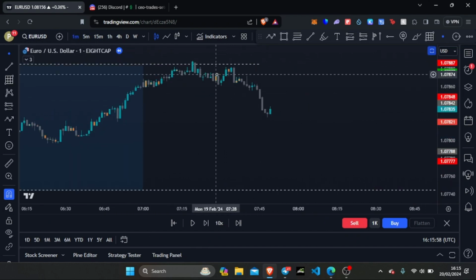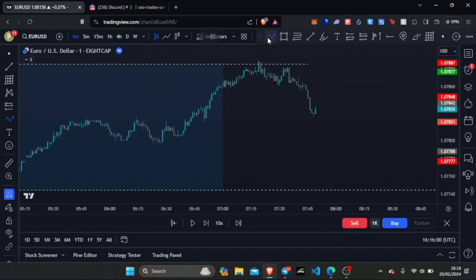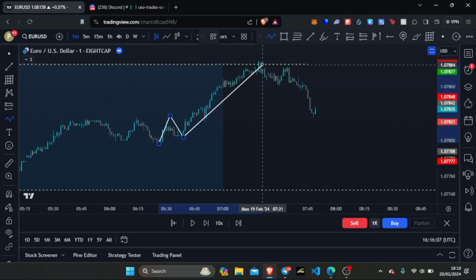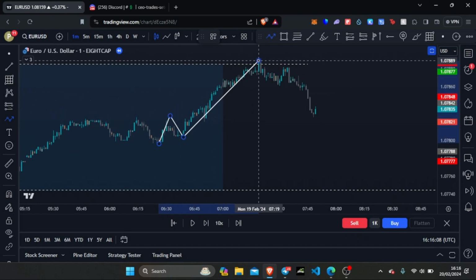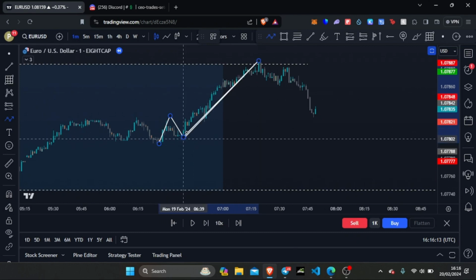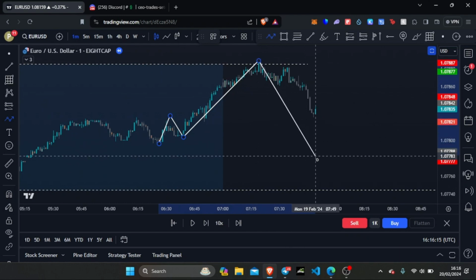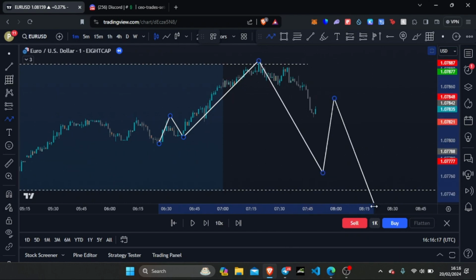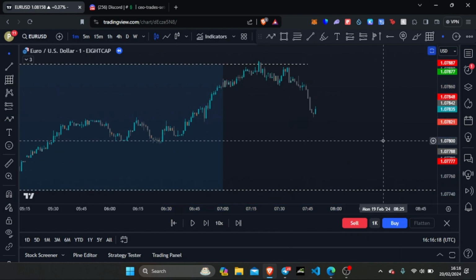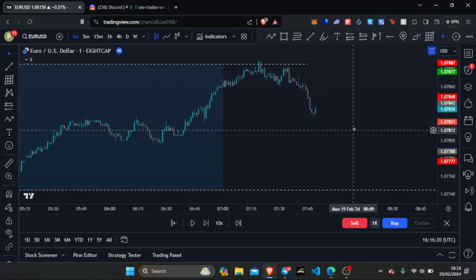But as you can see, this price is very, very choppy. If I try and identify structure, we've got higher high, higher low, and this entire leg now is our higher high. Therefore, for us to break any sort of structure, we have to break this higher low down here. So we want to see something like this before we can classify that as a valid market structure shift.